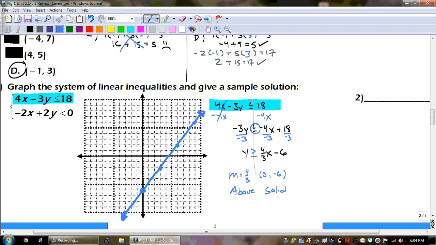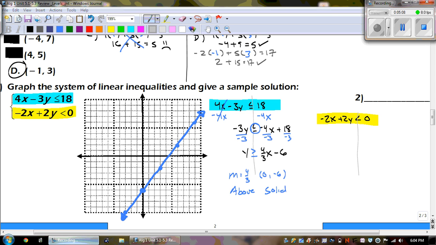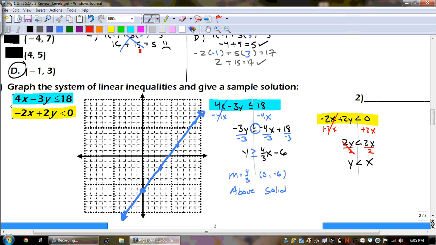Now, for the negative 2x plus 2y is less than 0, I would come over here and solve it. So go ahead and pause that video. Good luck. Okay, so when you solve this, you end up getting y is less than x, and that might be kind of hard.